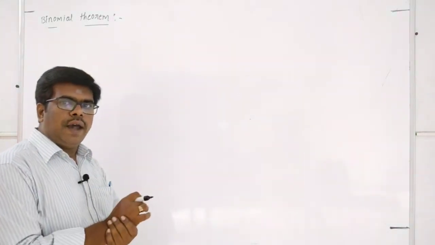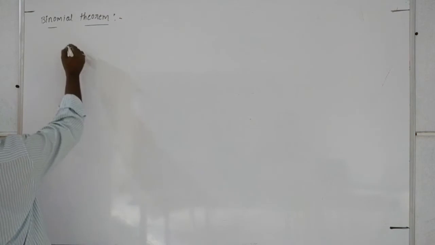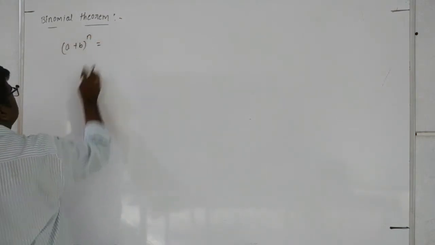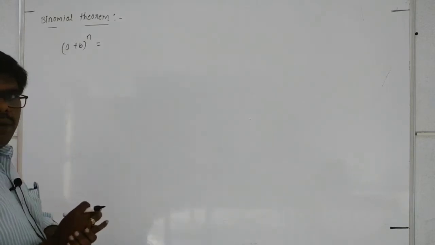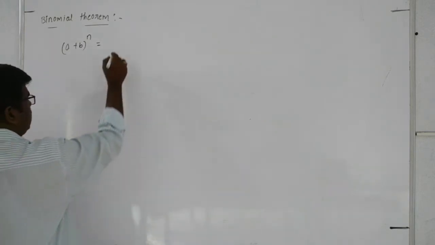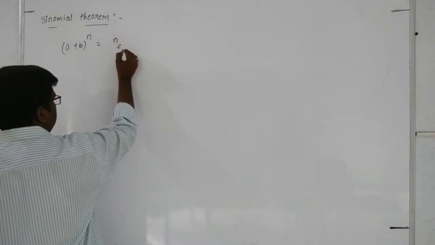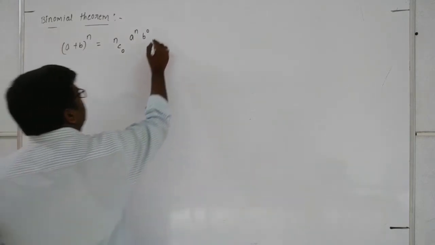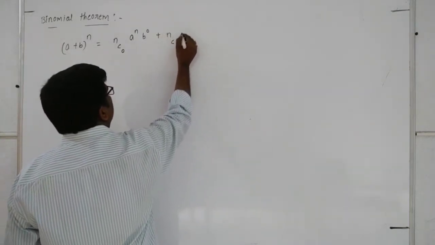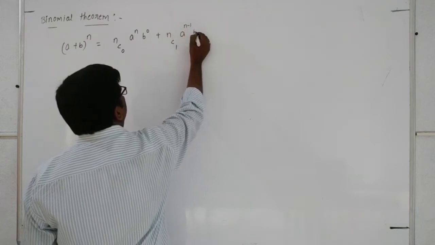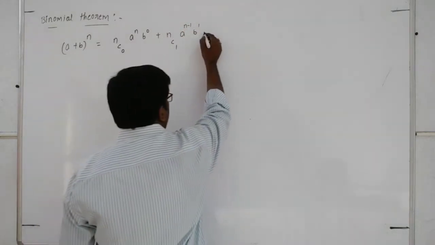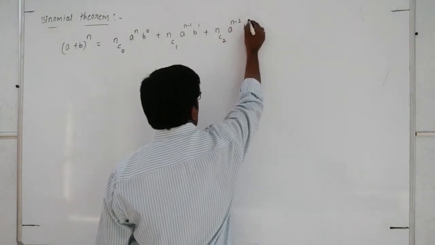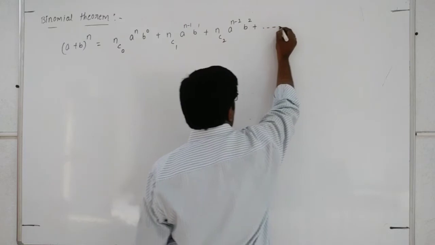In this, how can we expand (a plus b) whole power n? This expansion you can do like this: nC0 a power n b power 0, plus nC1 a power n minus 1 b power 1, plus nC2 a power n minus 2 b power 2, and so on.